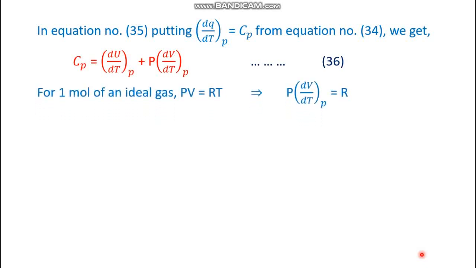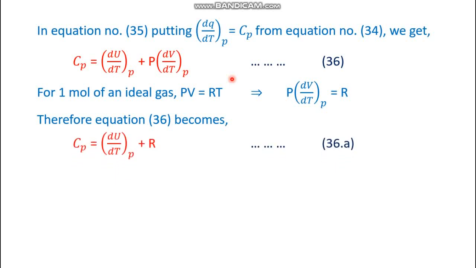Now for 1 mole of an ideal gas, PV equals RT, we know that, and if both sides are differentiated with respect to temperature at constant pressure, then it gives the result P into (dV/dT)_P equals R. This equation 36 now can be temporarily written as Cp equals (dU/dT)_P plus R. So this is equation number 36a, the temporary form of equation number 36.